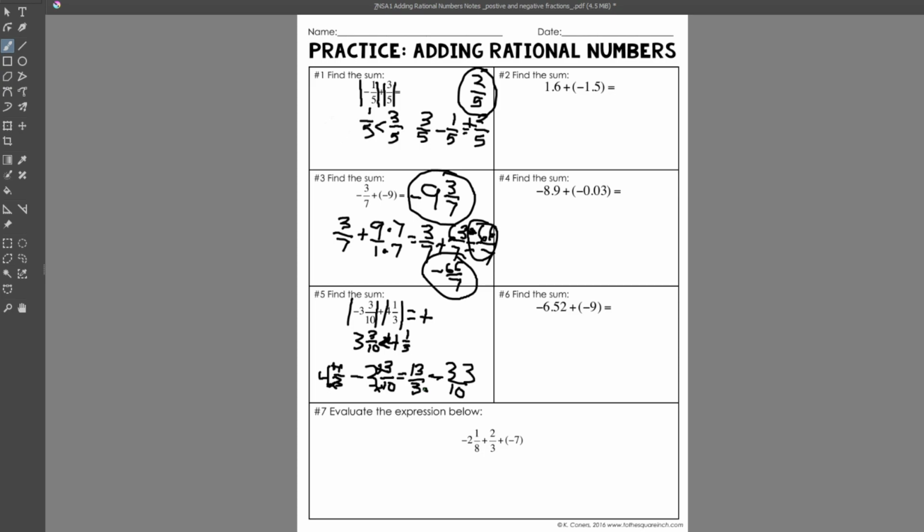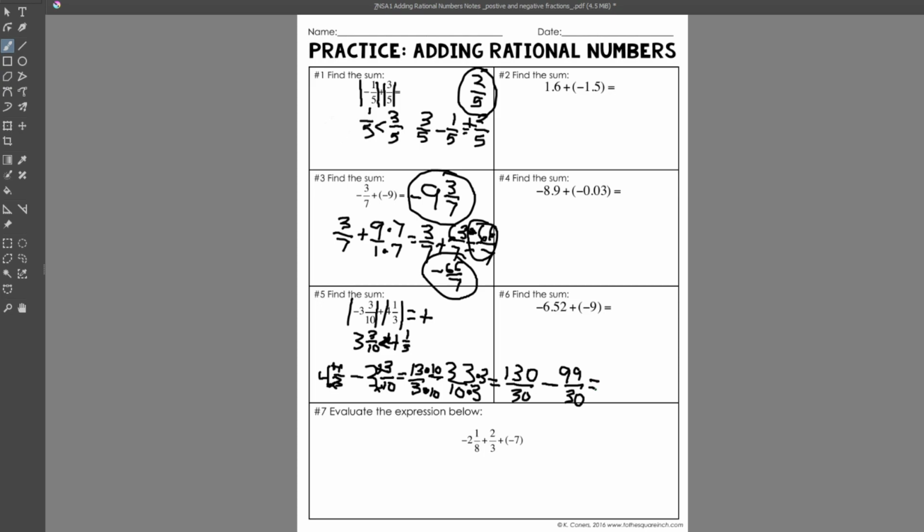We can't subtract these now because they have different denominators. I need to find a common denominator. In this case, that means I will have to multiply this by 10 over 10 to get 30, and this one by 3 over 3. So 13 times 10 is 130 over 3 times 10, which is 30, minus 33 times 3 is 99 over 10 times 3, which is, again, 30.